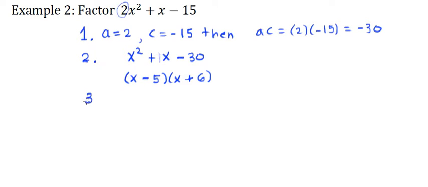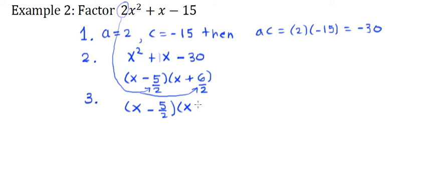Now step 3, the last step, we want the factorization of this guy. So it's time to put this number 2 back here. Via division, divide this by 2, divide this by 2. Now simplify. 5 divided by 2 in simplified form is 5 over 2. Here x plus 6 divided by 2 is equal to 3.